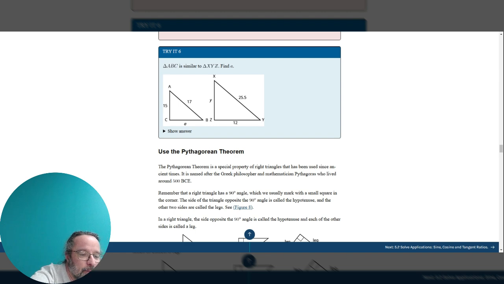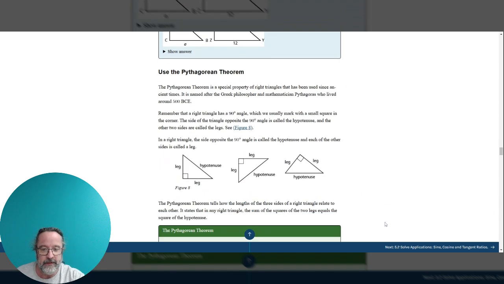So let's get rid of that 1.5. We multiply both sides by 1.5. We end up with Y equals, I believe that would be 22.5. Yeah, so we end up with 22.5 as Y. So we did it the same way.